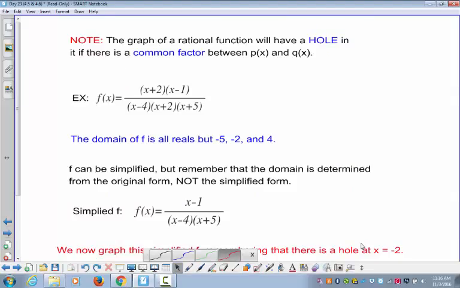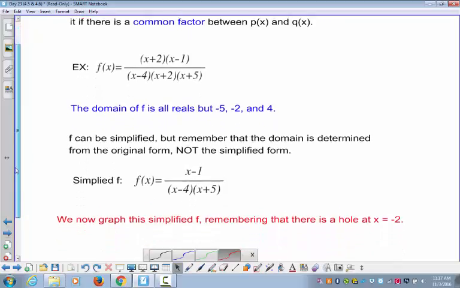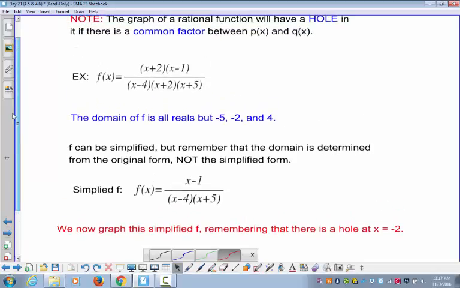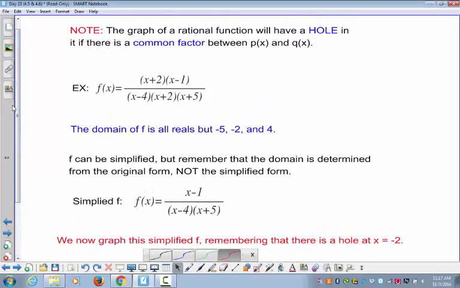The important thing about a hole is that we need to look at the factorization of the original function, and if there's a common factor, there's going to be a hole instead of an asymptote. And we can simplify the original function, but we just have to remember that the domain from the original function comes from its original presentation.